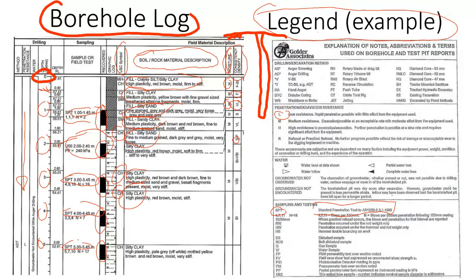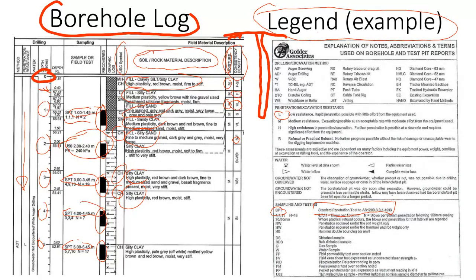Now, what happens if one blow goes past the initial 15 centimeters? Well, that happens very often if the soil is very soft, and then it just counts as one. So you just have to adjust it a little bit. This happens very often next to the surface when the material is very soft. You either adjust it a little bit or take a note that the materials are soft.